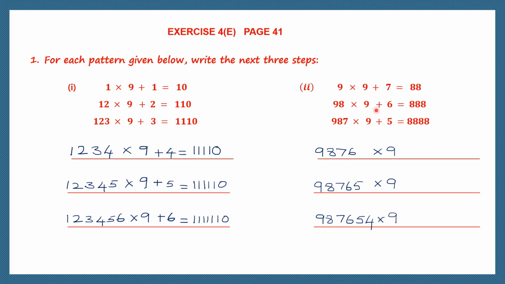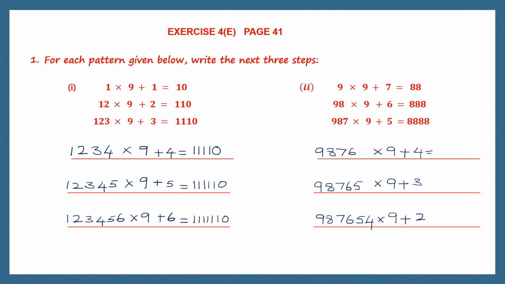Okay, so it's addition, again plus, plus in all 3 rows. So the symbol here is plus. So all 3 rows, the 3 steps, we're going to write plus. Then look at the numbers. Observe the pattern. 7, 6, 5, 4, 3, 2. So that's how it's going to be. So 4, 3 and 2.